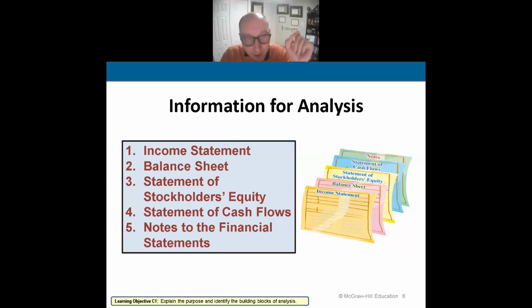The last financial statement is called the Statement of Cash Flows. The Statement of Cash Flows shows the use of cash in the business. This includes operating activities, investing activities, and financing activities.